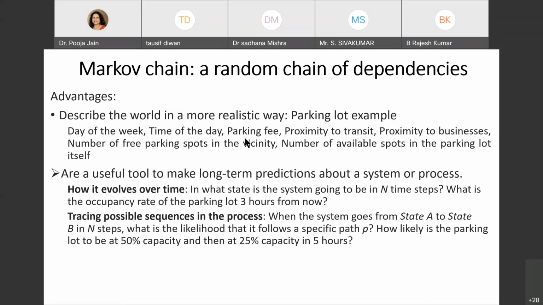So all these are the characteristics. Based on that, you will take the decision whether to park or not. If you park, then in which slot will you be parking. So these kinds of problems are there.